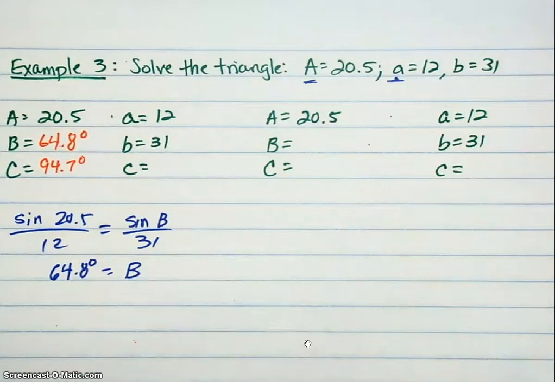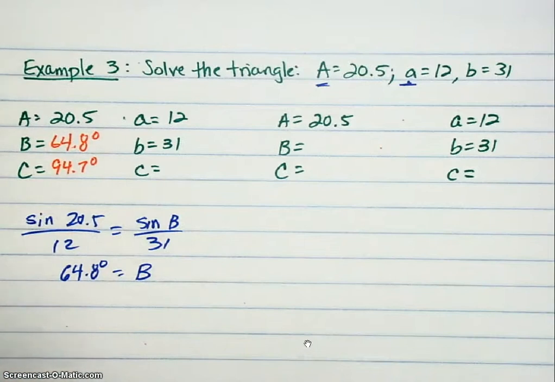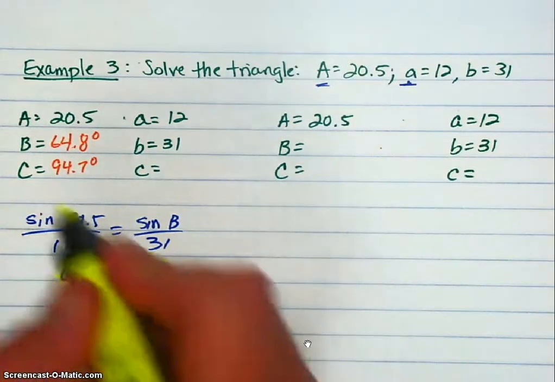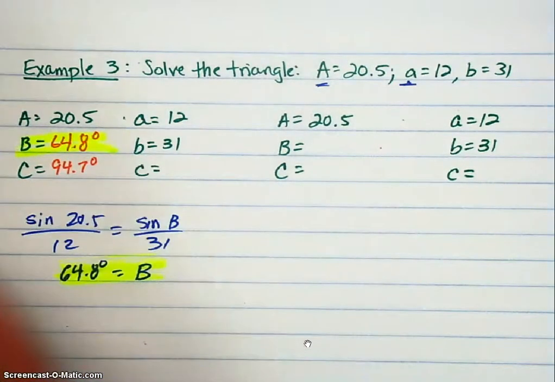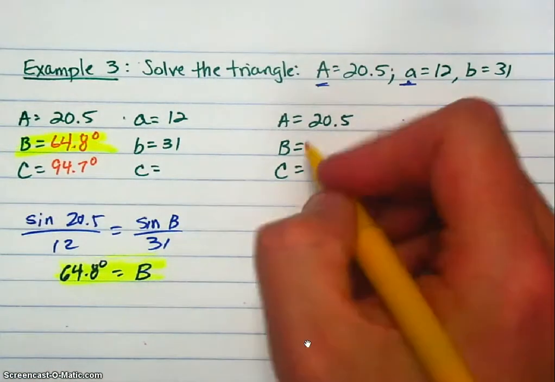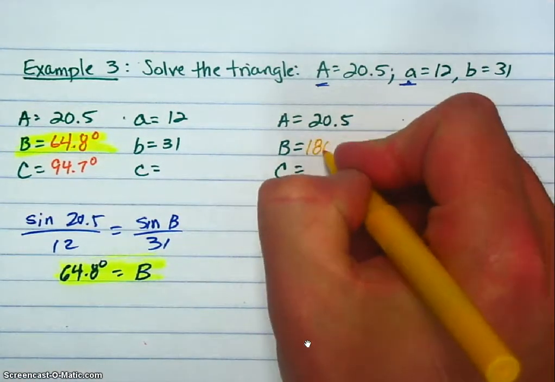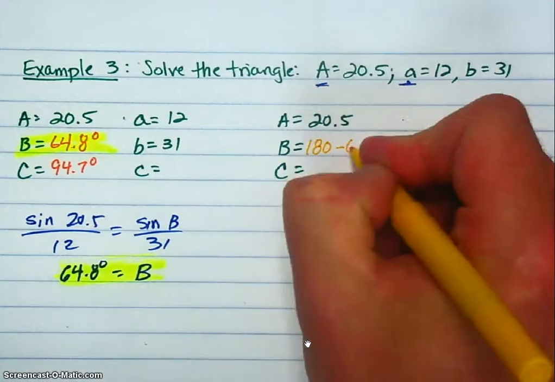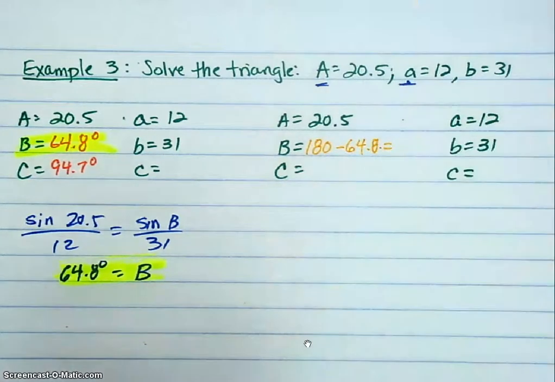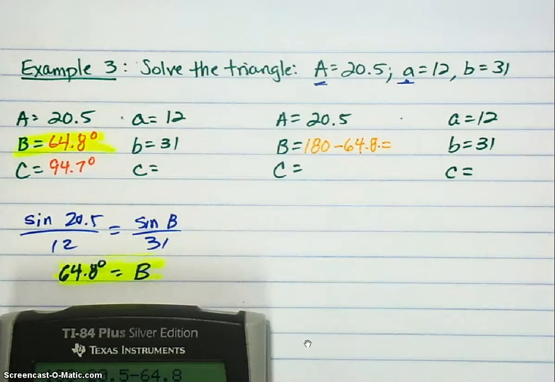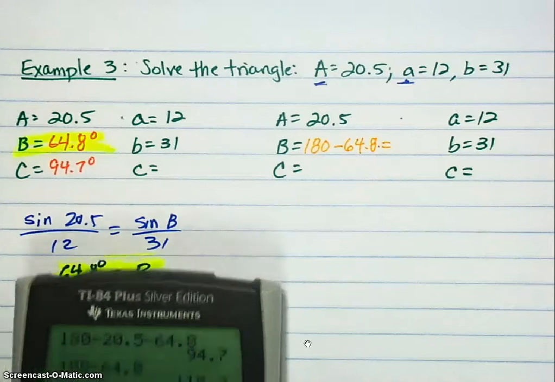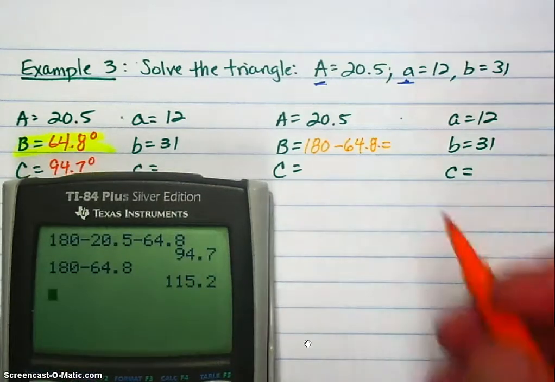So what I would do here, the answer I just got for B, that's 64.8. I'm going to come over here and say, okay, 180 minus 64.8, and when I do that, I get 115.2.